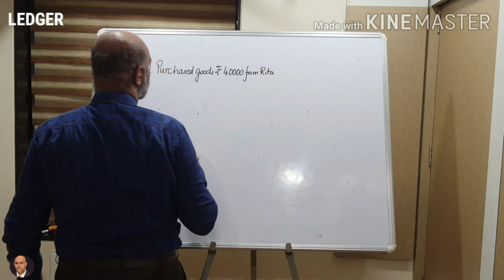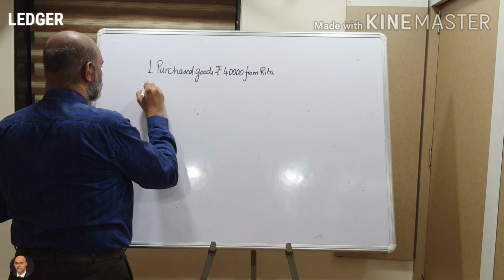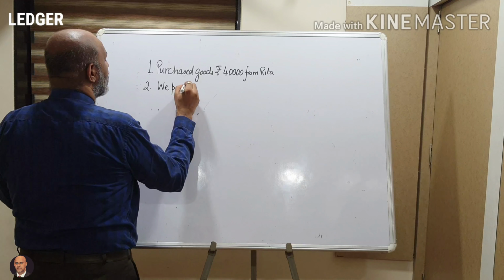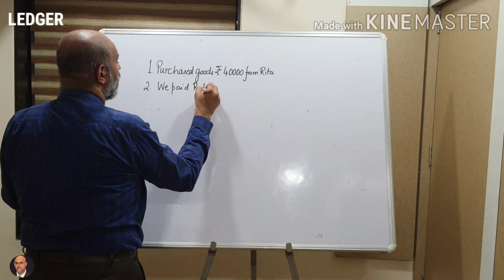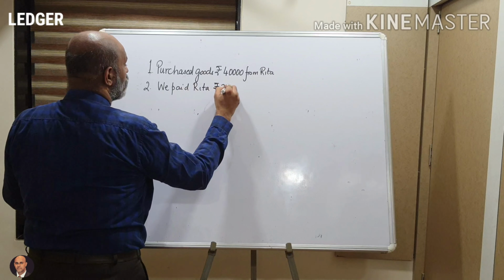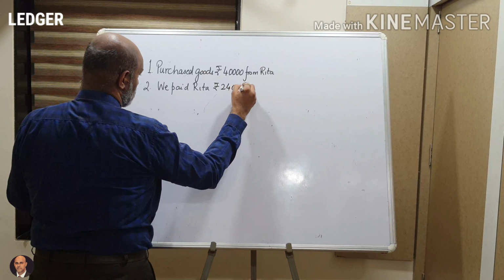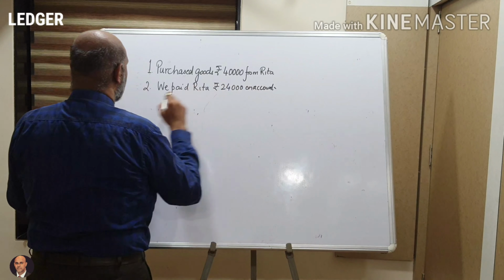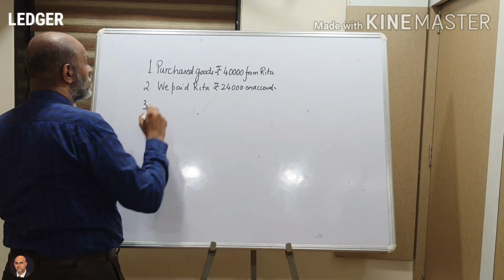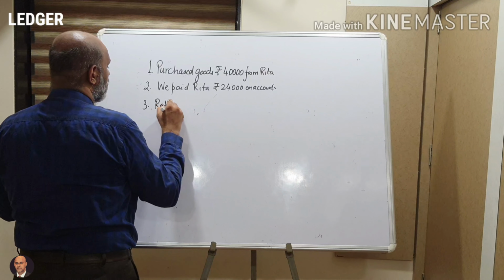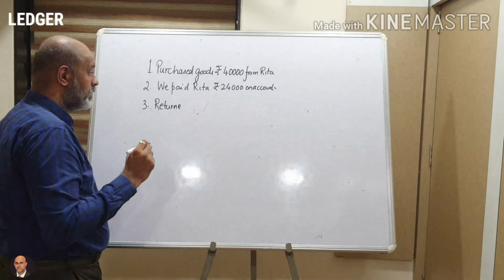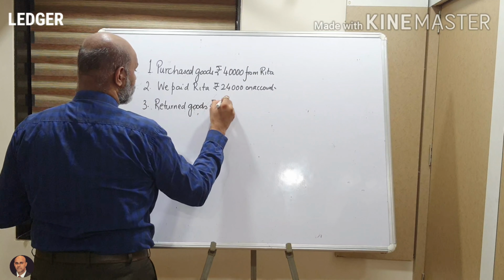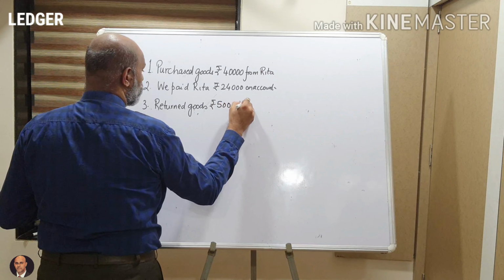Purchase goods rupees 40,000 from Rita. We paid Rita rupees 24,000 on account. On account means we are making a part payment. Returned goods rupees 5,000 to Rita.